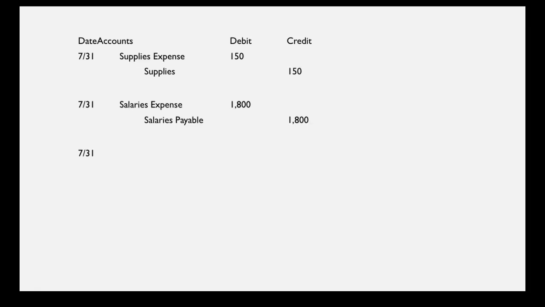So what we do here to journalize this is we debit depreciation expense for this $125, and we're going to credit this new account that showed up in chapter 3 called accumulated depreciation, equipment. So accumulated depreciation is a contra asset account, meaning it goes against one of your assets on the balance sheet. So it is increasing with this credit since it acts as the opposite of an asset.